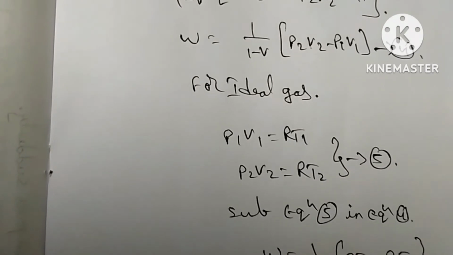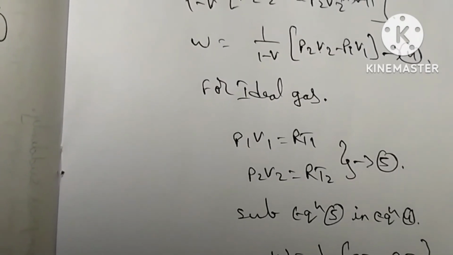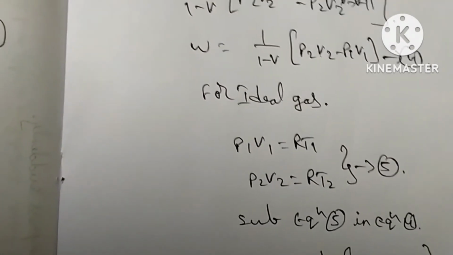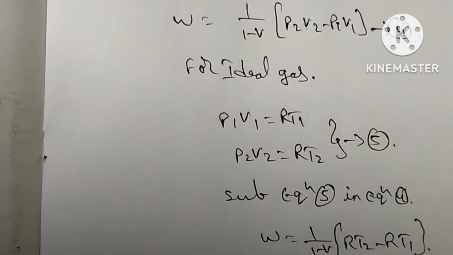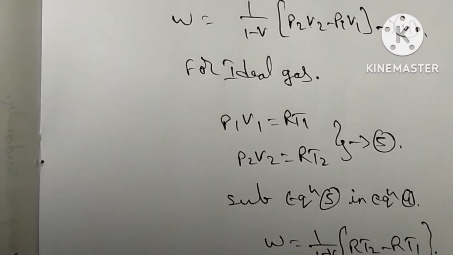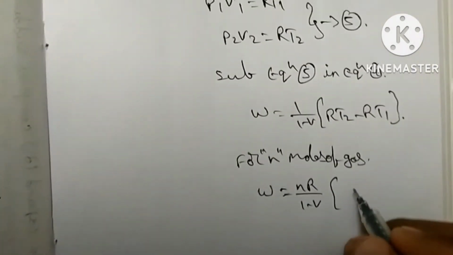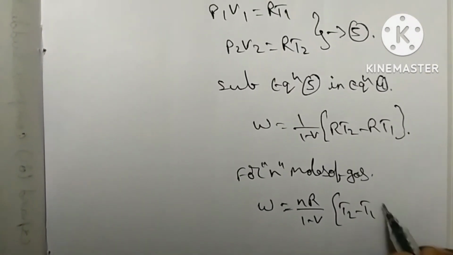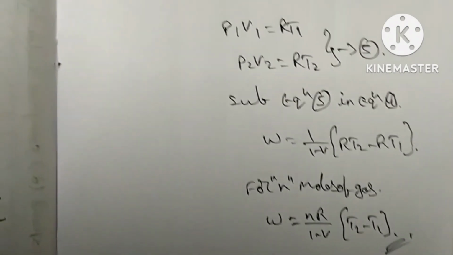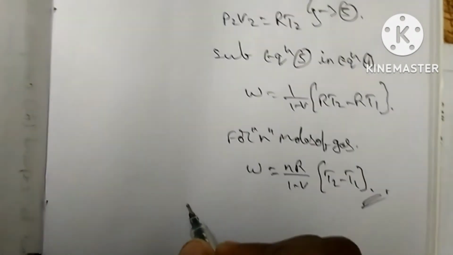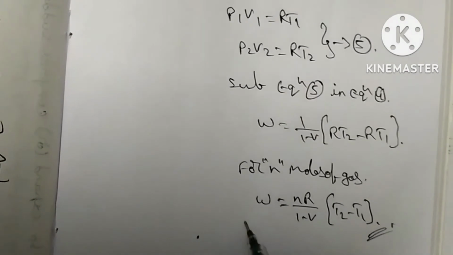For n moles of gas, W equals nR by 1 minus γ into T2 minus T1. This is the adiabatic expression for n moles of gas.